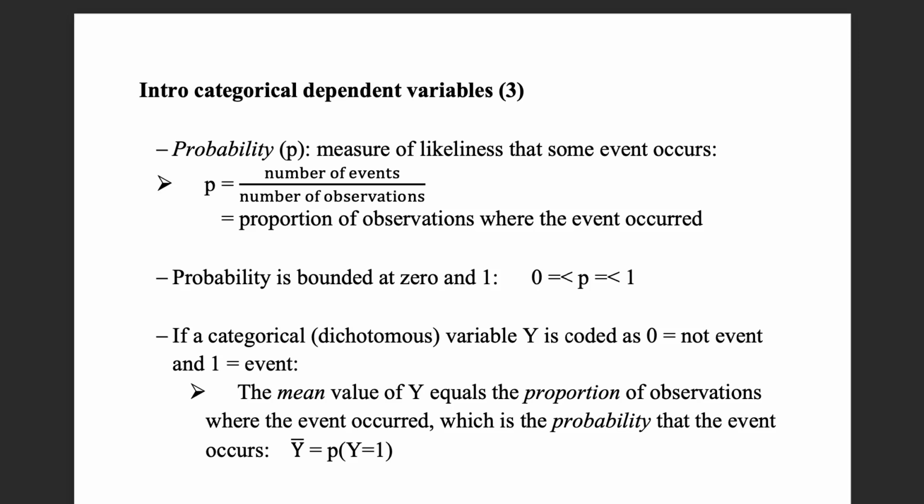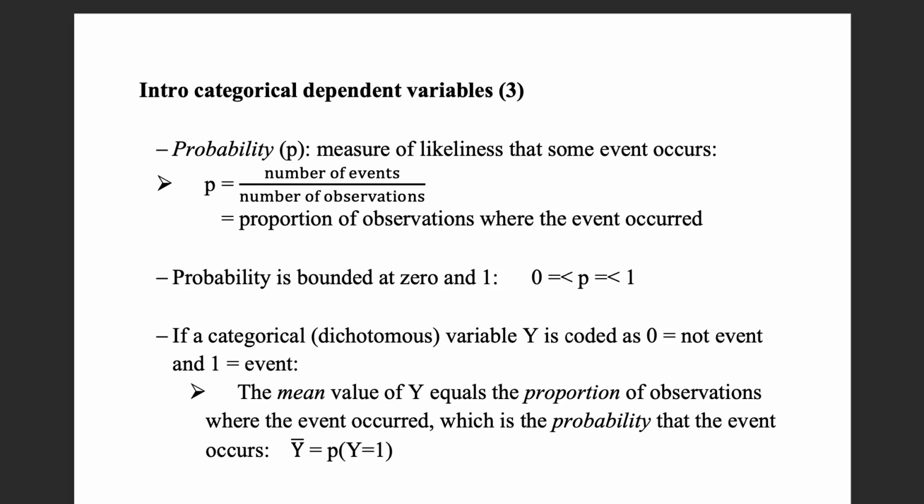And for all of the cases that did experience the event, because we gave them a 1 in our dummy coding, we add up the observation, which is 1 plus 1 plus 1. So in other words, the top part of the fraction is just the number of events that we have.